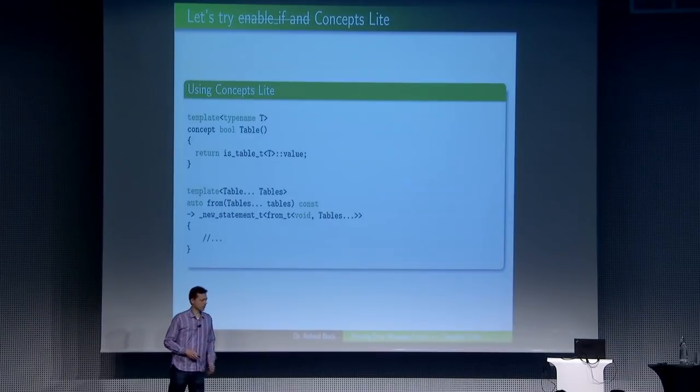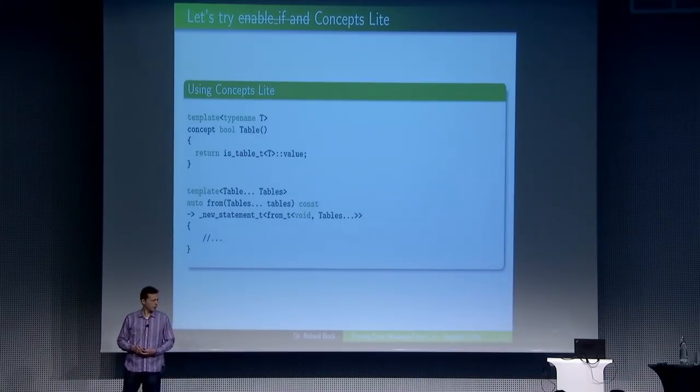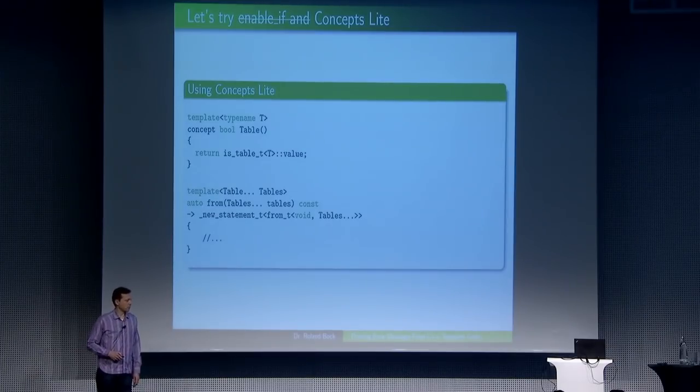So let's take a look at the future concepts light. I really like that. That is beautiful, right? So it happens that I already have test classes to test if something is a table, yes or no. So writing a concept for something being a table, that is really easy in this library.